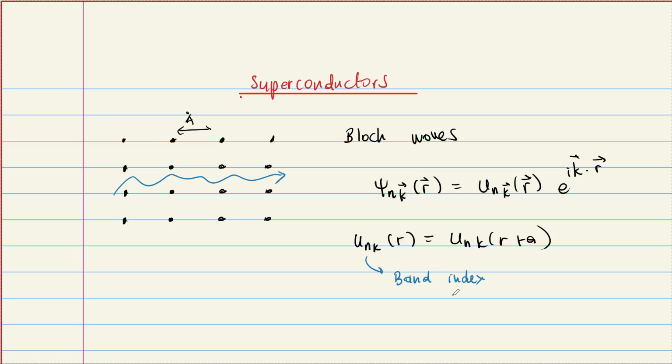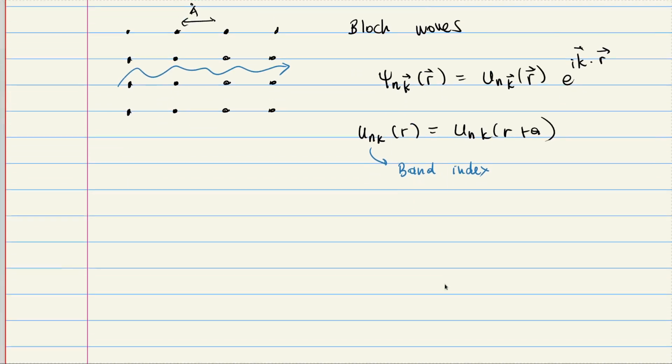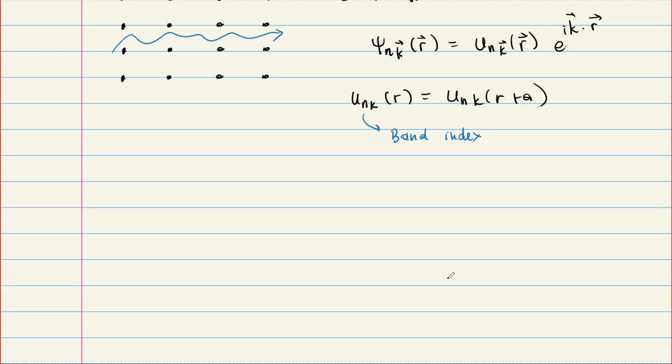Exactly like a particle in a box, there are energy levels, but each energy level disperses with k. And as a result, we have a bunch of bands. Each band is occupied or unoccupied, and each level can take two electrons, because electrons are fermions.